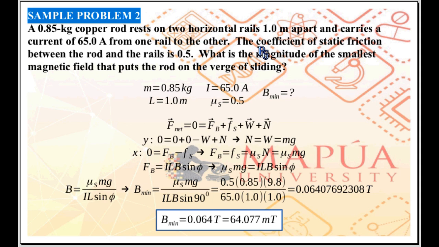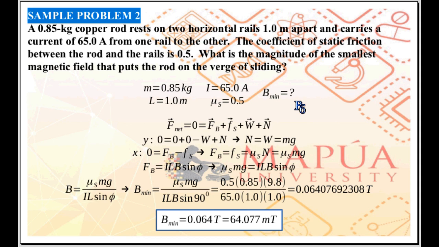There is friction between the rod and the rails. The coefficient of static friction is given, 0.5. And we are being asked to determine the magnitude of the smallest magnetic field that puts the rod on the verge of sliding. So we are looking for the magnitude of the minimum magnetic field.